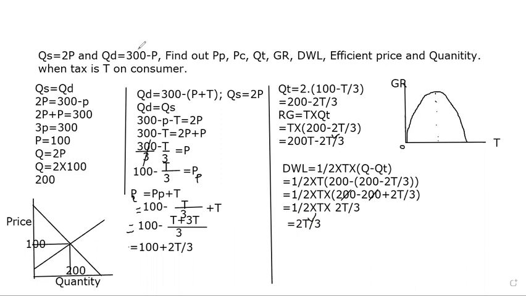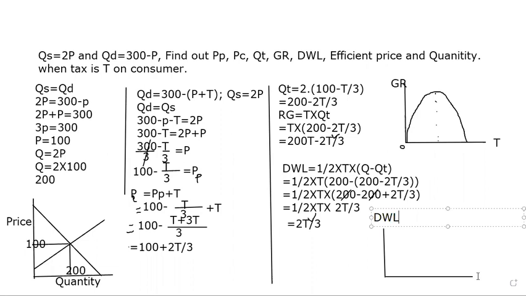And deadweight loss always will be higher, because when we increase the tax, deadweight loss will gradually increase. So our deadweight loss graph will be different from the government revenue function.